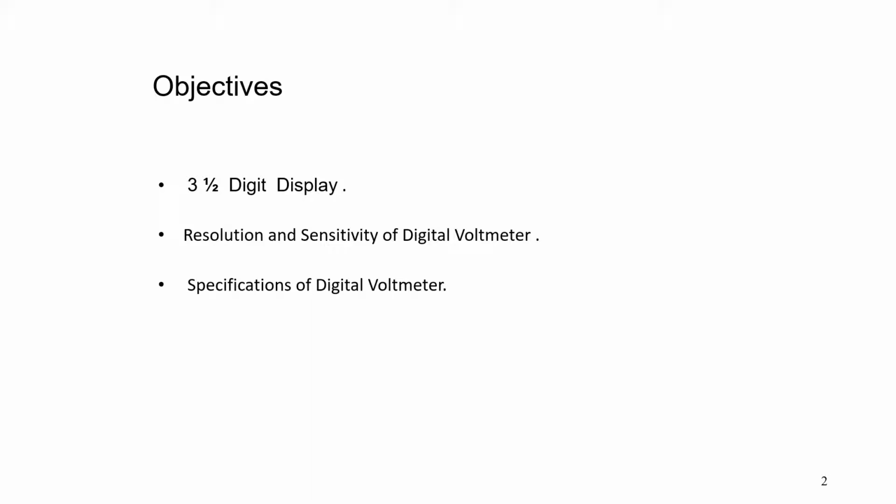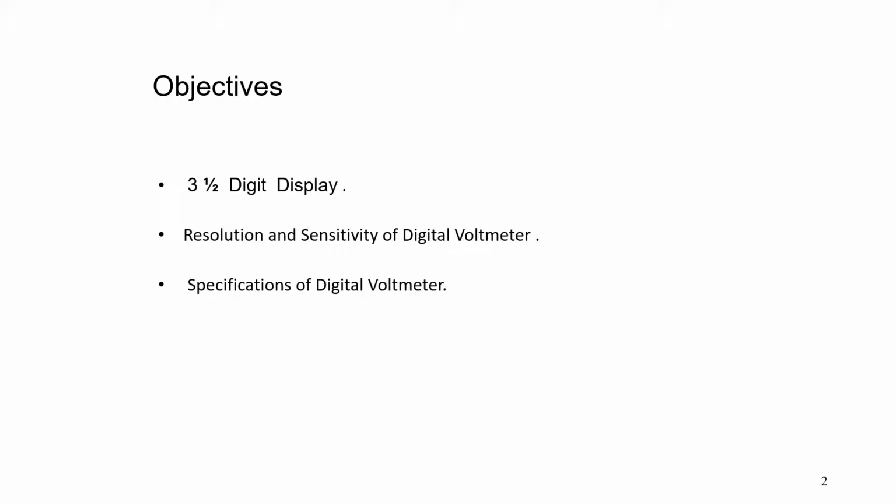So we have seen what a voltmeter is. So digital voltmeters are essentially analog to digital converters with digital displays to indicate the measured voltage. So digital multimeters are electronic voltmeters with digital displays.